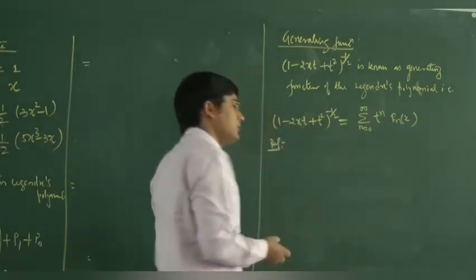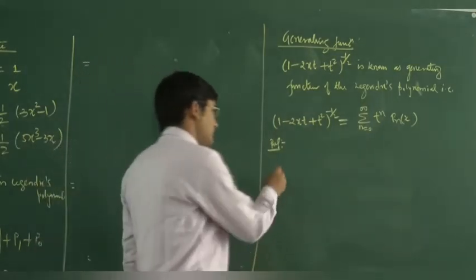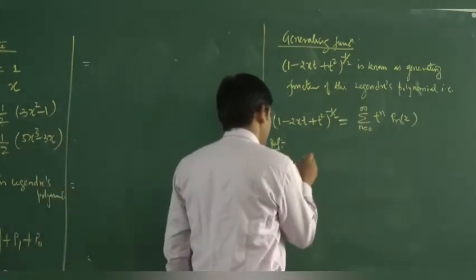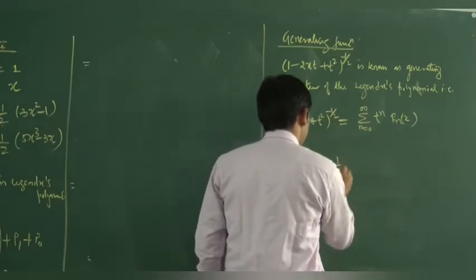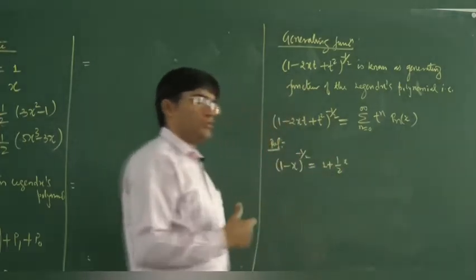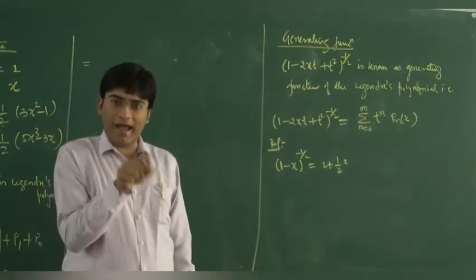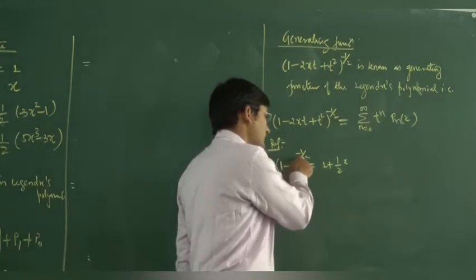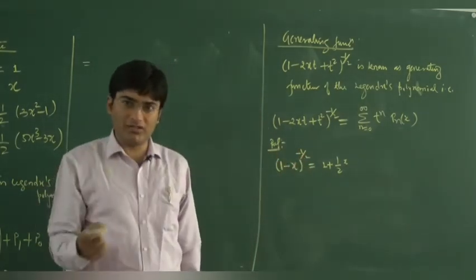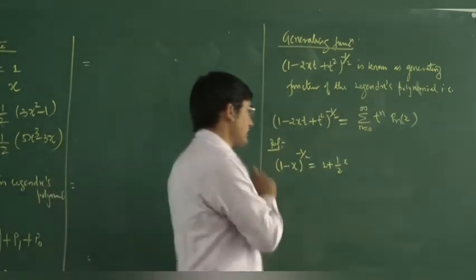So proof. Here we will need the binomial series. So let us write the binomial series for (1 minus x) power minus half. We can write it as 1 plus half x. This will be your 1 plus nx, then we will have n(n minus 1) upon factorial 2 x square. So n is minus half, into minus half minus 1, upon factorial 2, into (minus x) whole square.